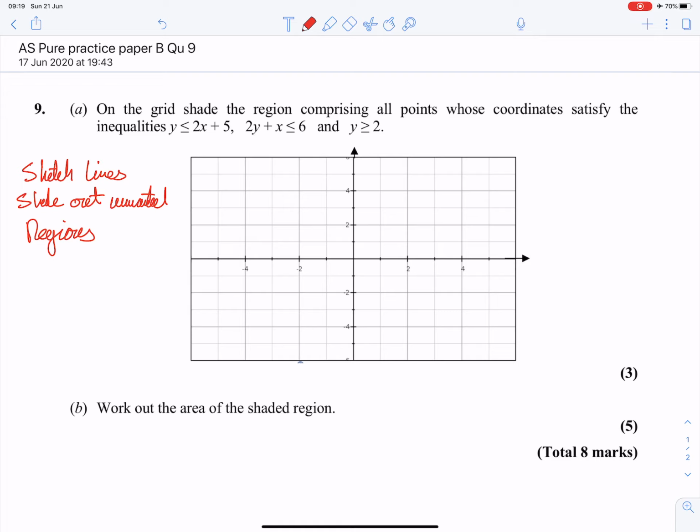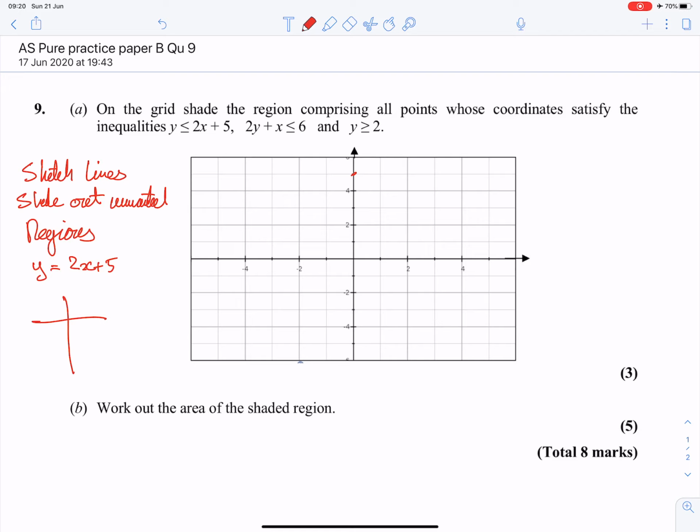So y equals 2x plus 5. We should be able to do that using y equals mx plus c. So we go to plus 5 and we've got a gradient of 2. Let's just check the scale. Yeah, that's all right.